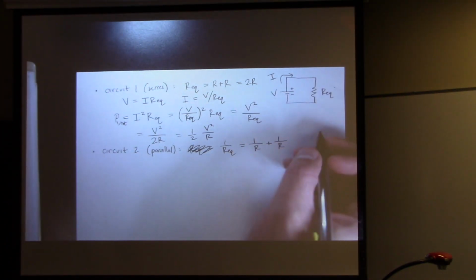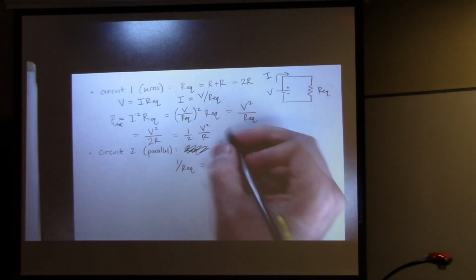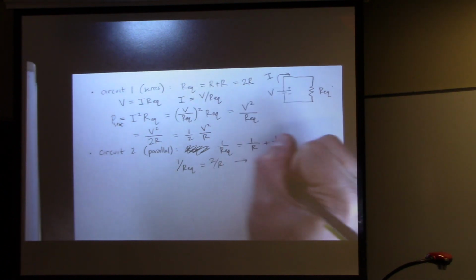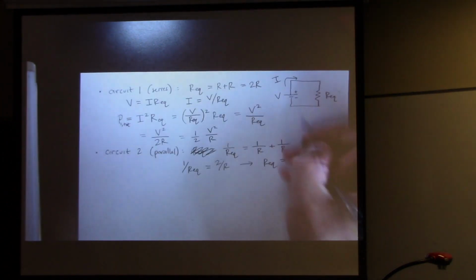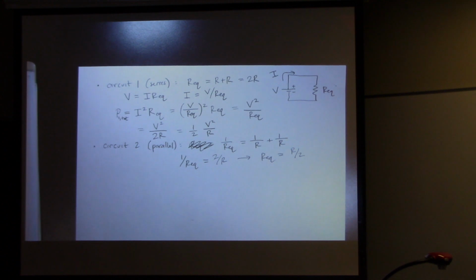So 1 divided by R equivalent is equal to, well, combine these two terms, that's 2 divided by R, which means R equivalent, if you just invert both sides, is R divided by 2.